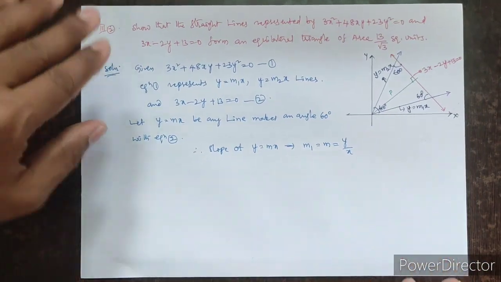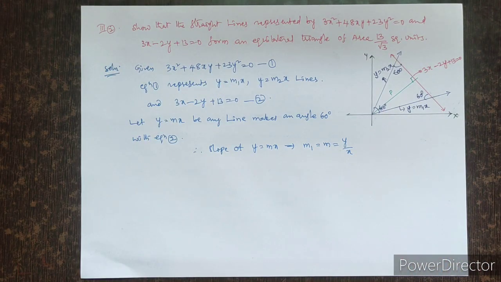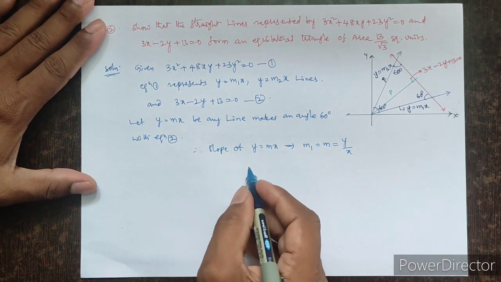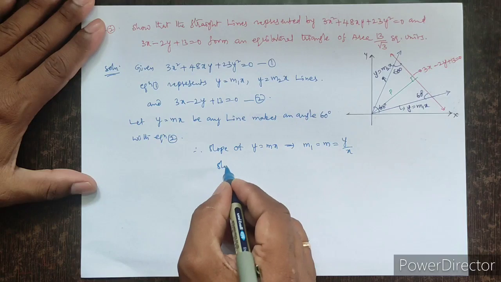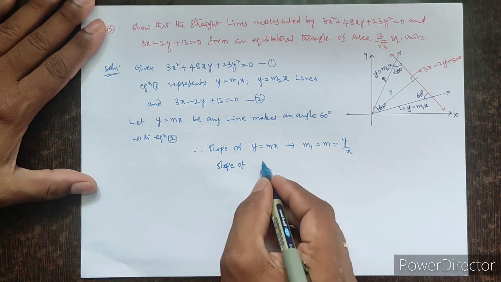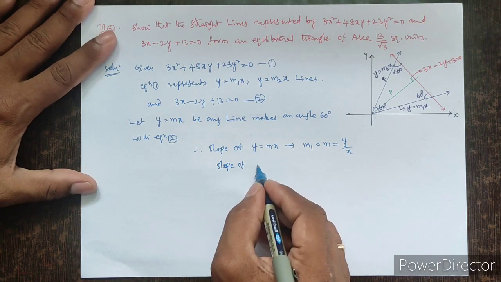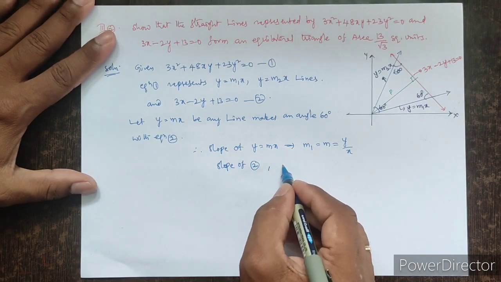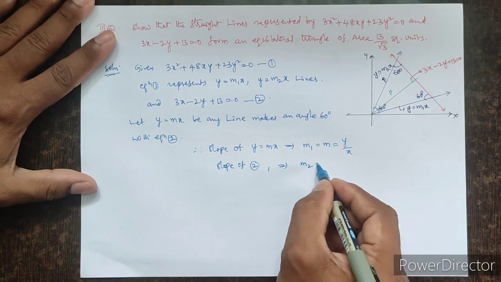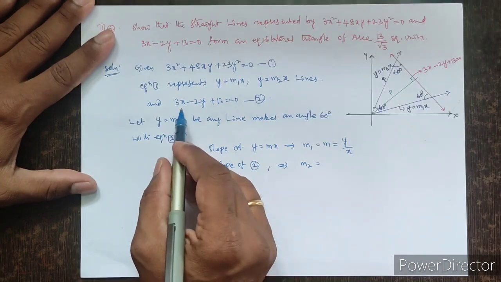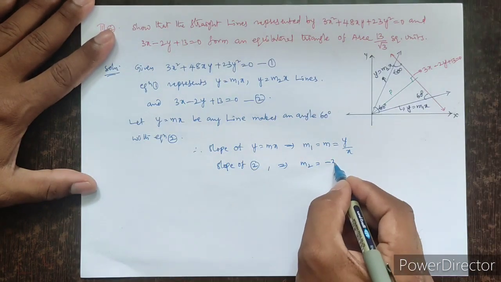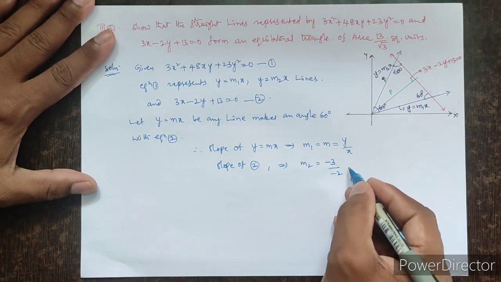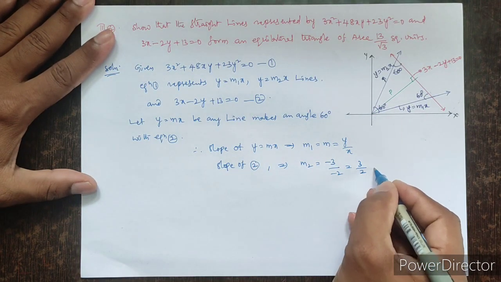And the slope of the second line, the slope of line 2: from here we will get m2 equal to minus x coefficient by y coefficient, that is minus 3 by minus 2, which is nothing but 3 by 2.